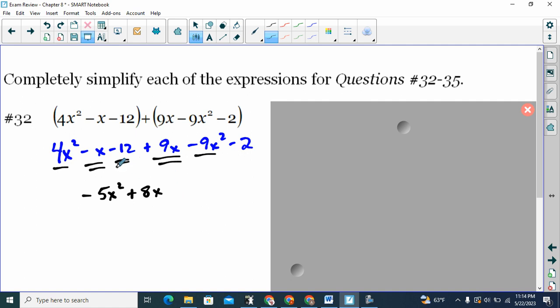And I've got negative 12 minus 2. Negative 12 minus 2 gives me a total of negative 14. Negative 5x squared plus 8x minus 14. Notice our answer is a quadratic. Degree is 2. Trinomial, 3 terms.